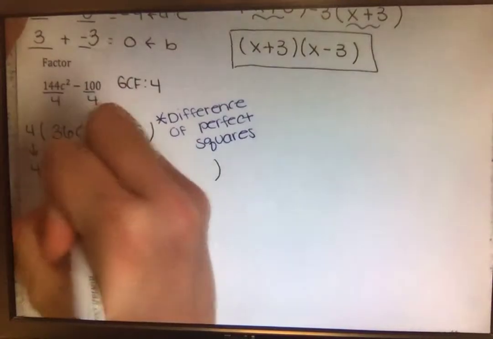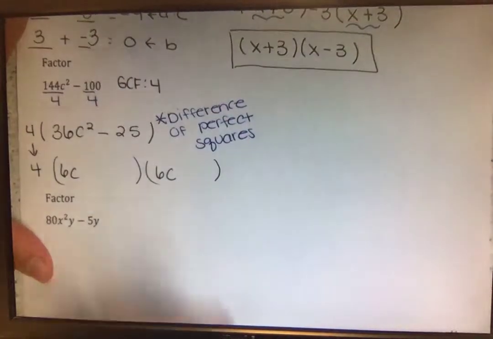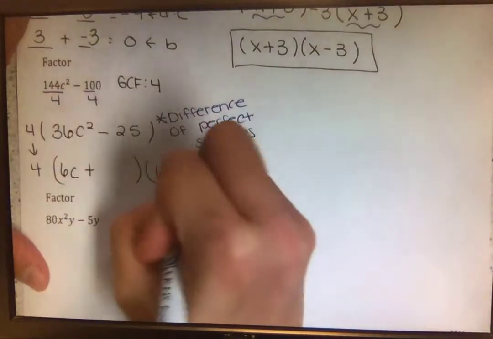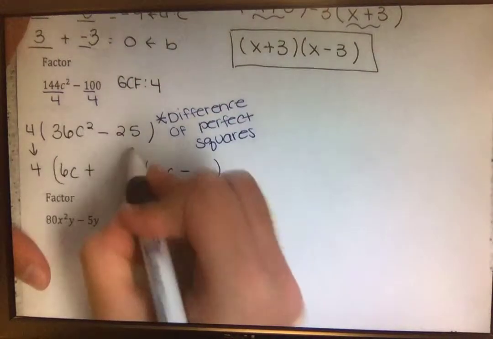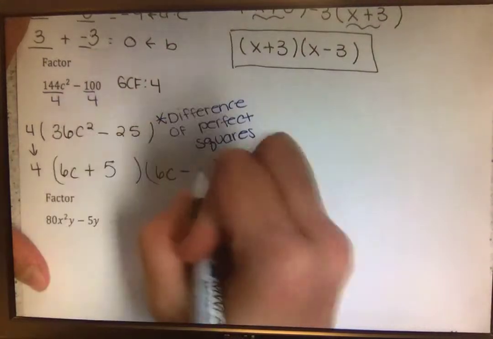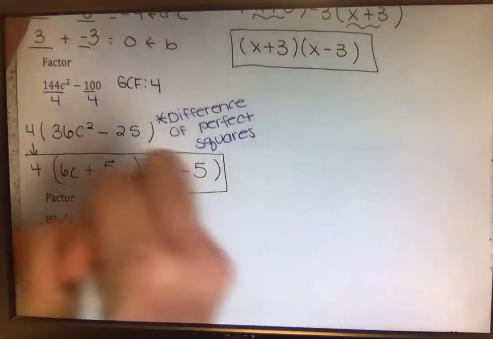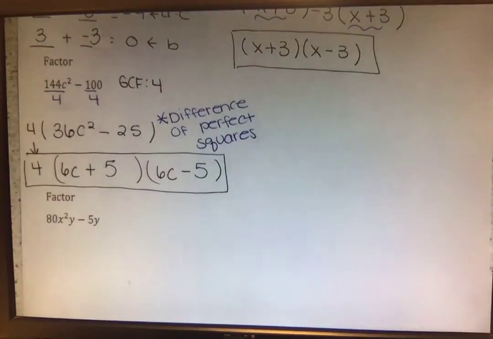We know it's 6c times 6c. There's a difference, so we have different signs. One's positive, one's negative. 25 is also a perfect square, 5 times 5. So this is going to be our final answer. 4 times 6c plus 5 times 6c minus 5. Multiply all those back together, we get back to our original problem.